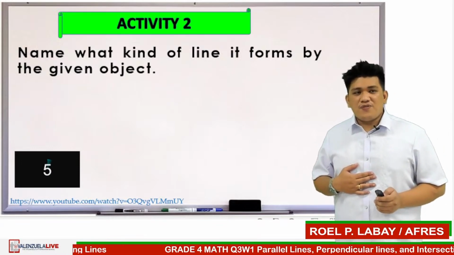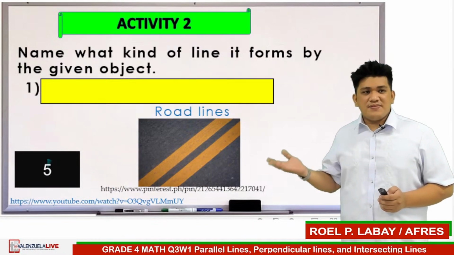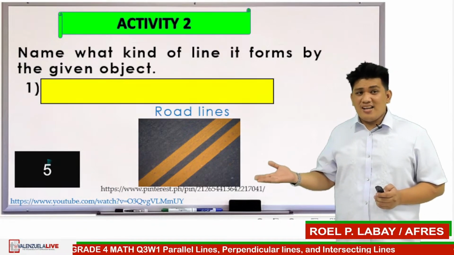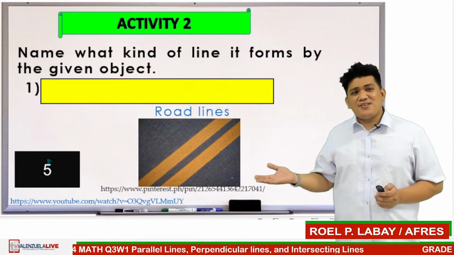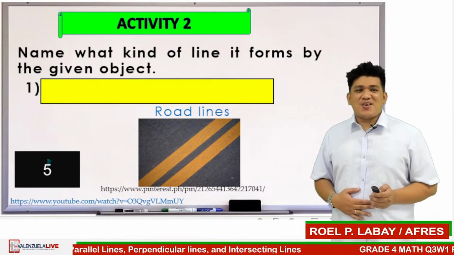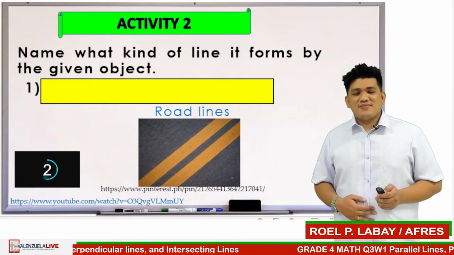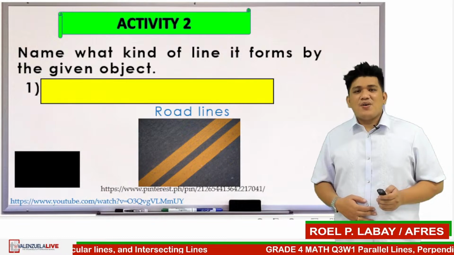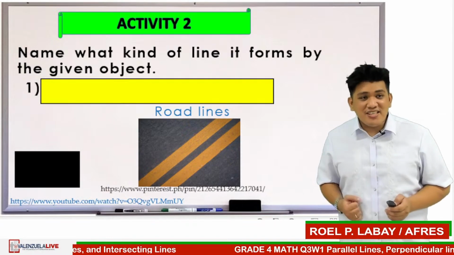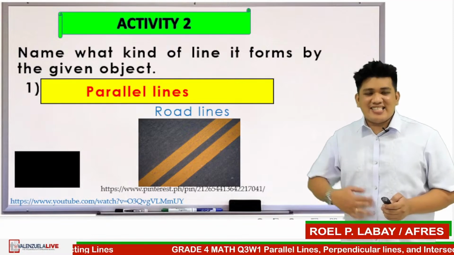So, for our first figure is this one. Is this parallel line, perpendicular line, or intersecting lines? So, your 5 seconds starts now. Okay, time's up. What's your answer? Very good. That is parallel lines.